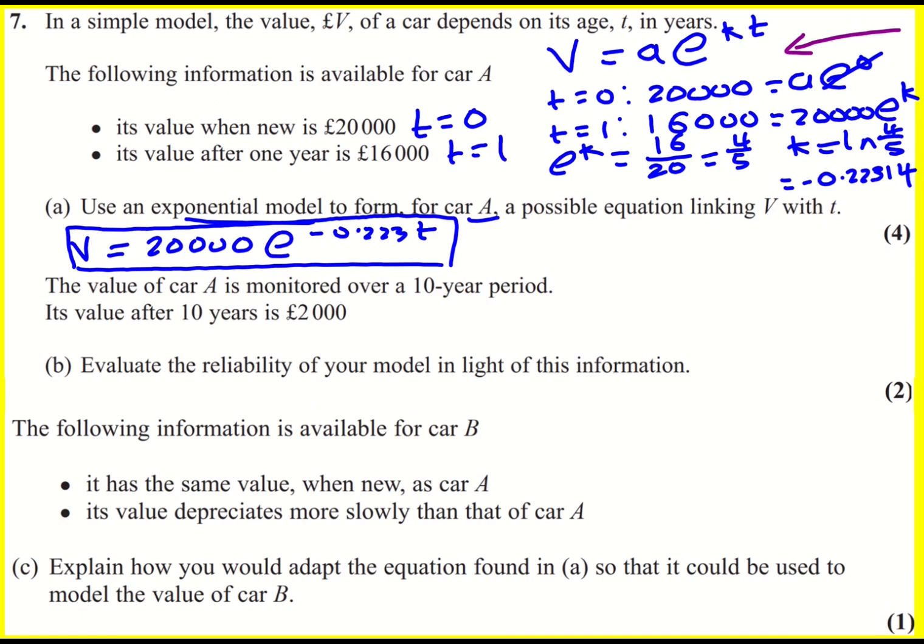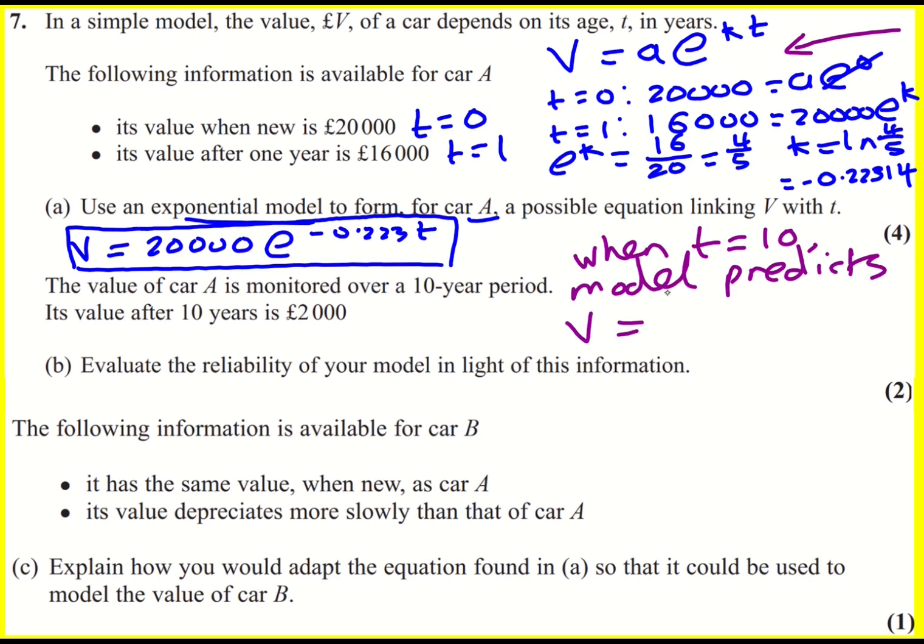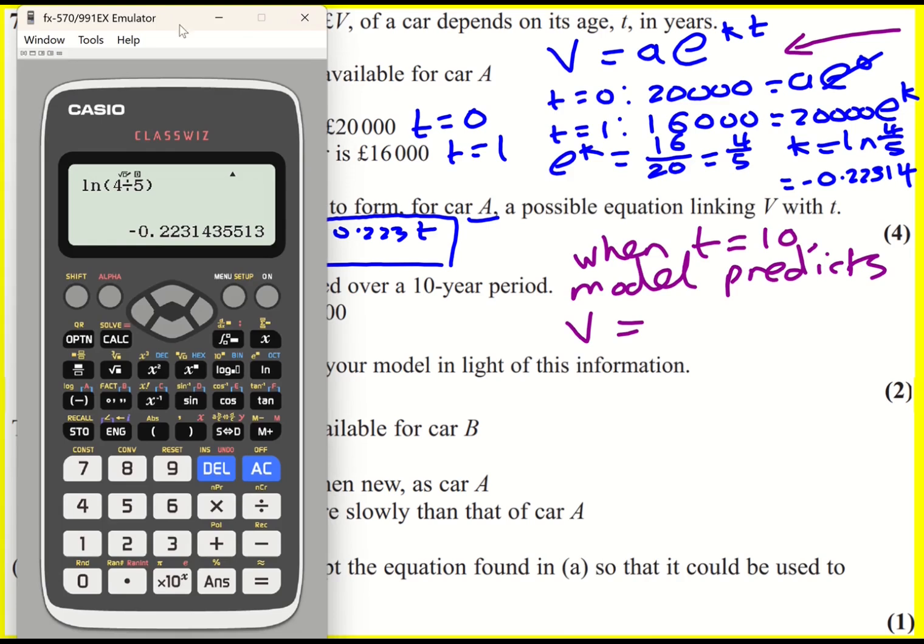The value of car A is monitored over a 10-year period. Its value after 10 years is 2000. Evaluate the reliability of the model in light of this information. So when t is 10, the model predicts v equals, and I'm just going to substitute 10 into that equation.